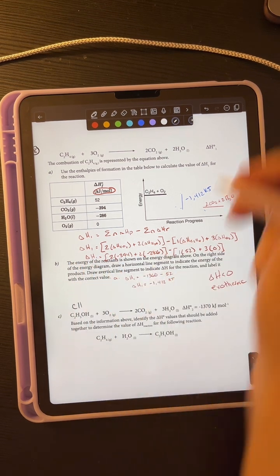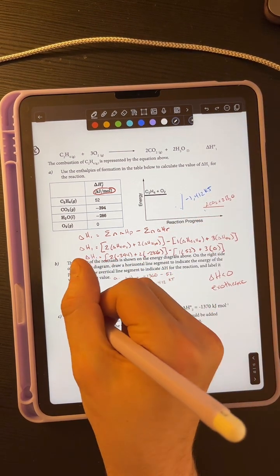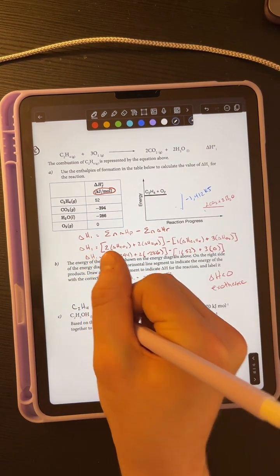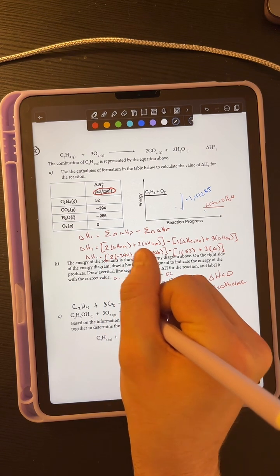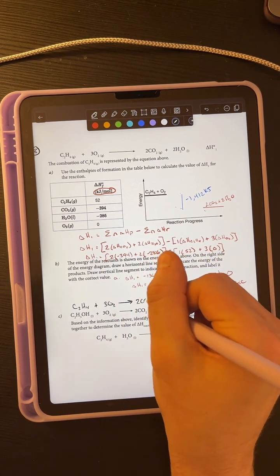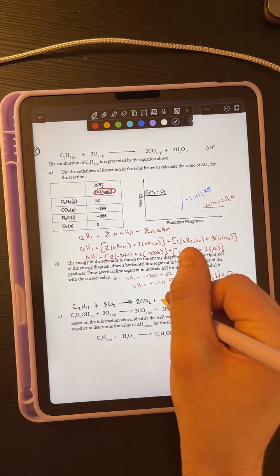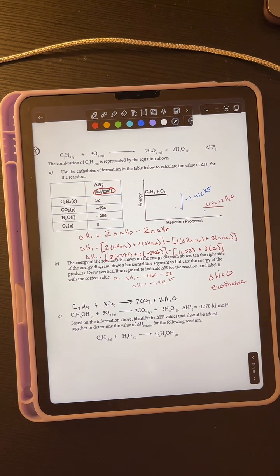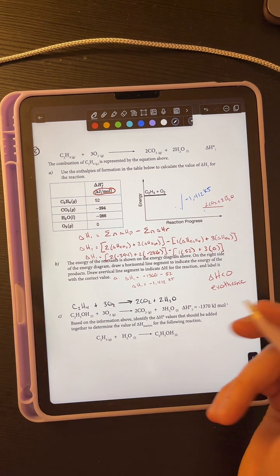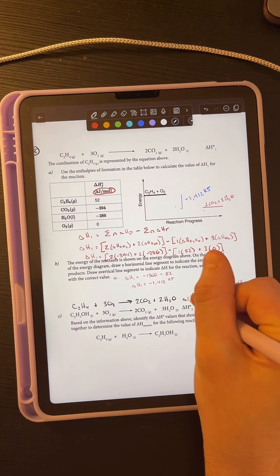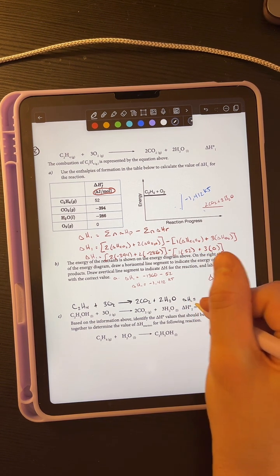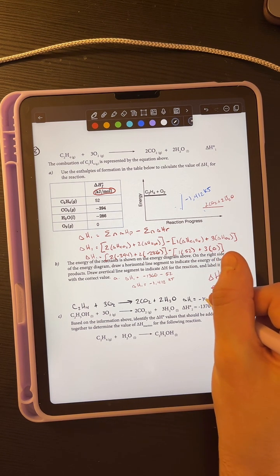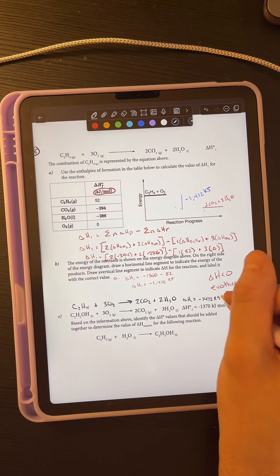I'm going to write this: C2H4 plus 3O2 goes to 2CO2 plus 2H2O. Beautiful. All right. And then we have delta H equaling, for this one, we found was negative 1412. So 1412 kilojoules.